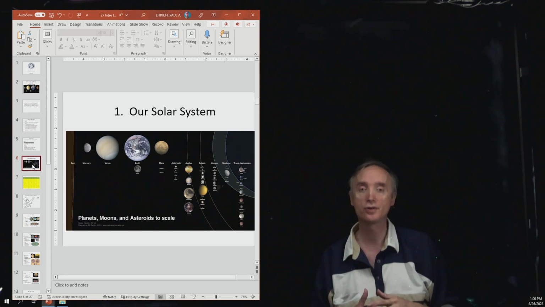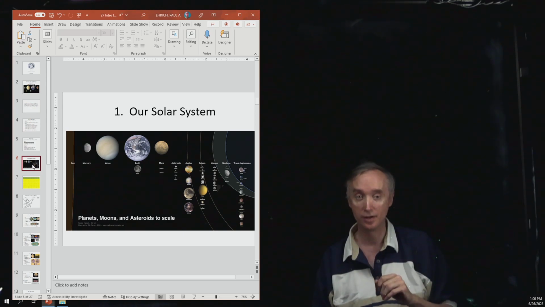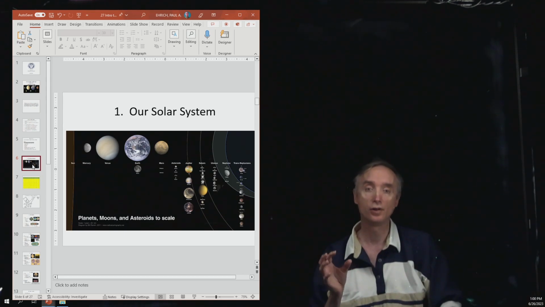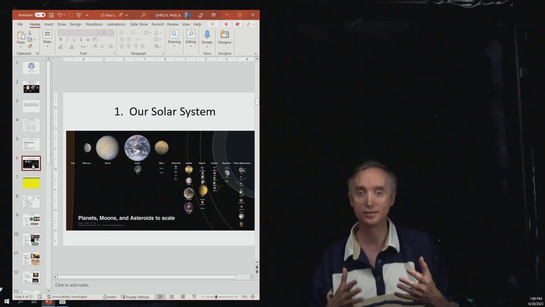And then you also have further out Uranus and Neptune, which are considered ice giants because in addition to hydrogen and helium, they contain ices. And they're located in the middle part of the solar system. They are, roughly speaking, about 10 times larger in diameter than the Earth.